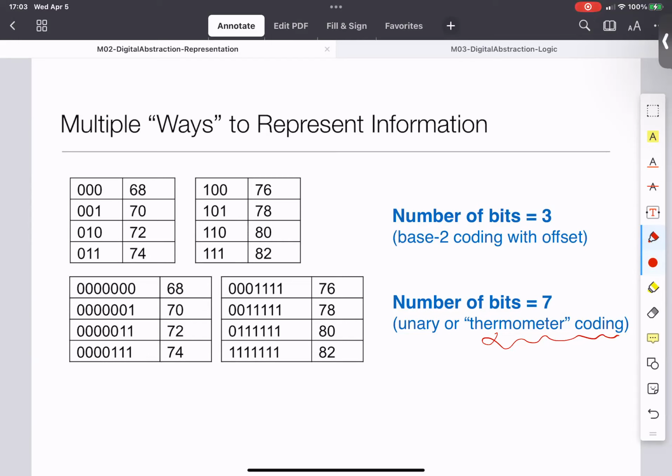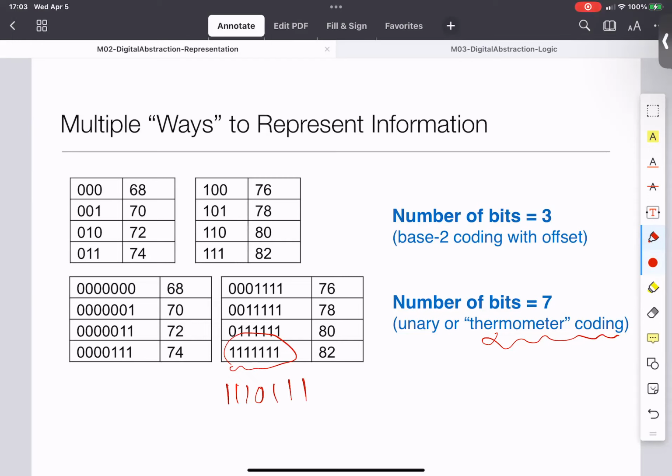In this particular case, maybe counting the number of ones is an easy operation, and therefore I can easily tell which temperature is more. Something with 4 ones is more than one with 3. There are also some other properties here. Let's say there was some noise, and this signal flipped to 1101111.